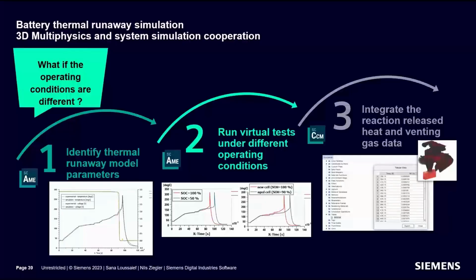In this step, you take advantage of the 3D multiphysics modeling approach as Niels presented previously. This integrated workflow to address thermal runaway analysis allows for modeling the complexity of these highly dynamic and multiphysics phenomena. You can explore the possibilities by virtually testing the different scenarios. The added value here is to ensure the decision confidence at an early stage of the design cycle to meet the battery safety requirements.